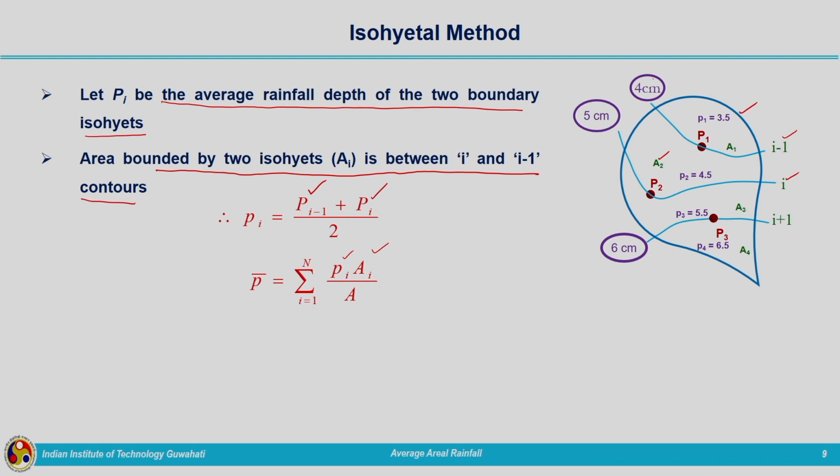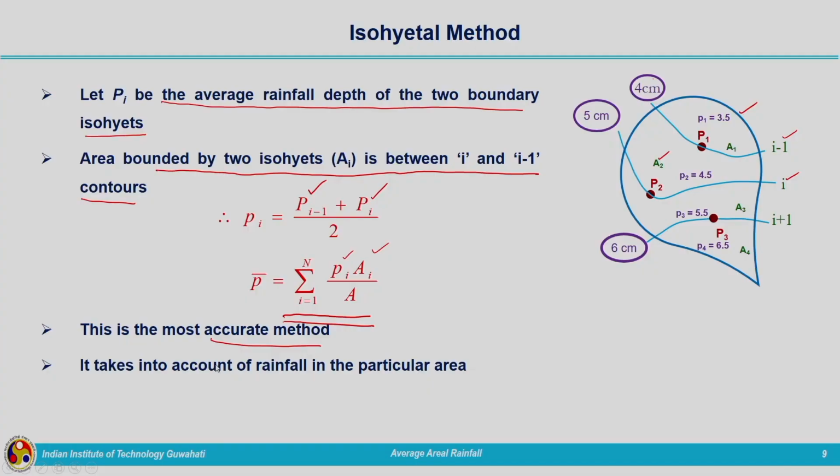In the similar way, corresponding to the entire catchment, we can get the average rainfall by making use of this particular formula, that is sigma I equal to 1 to n Pi Ai divided by A. This is really an accurate method because we are not checking whether the area is plain area or hilly area, that is not coming into picture. It is based on the depth of rainfall data.